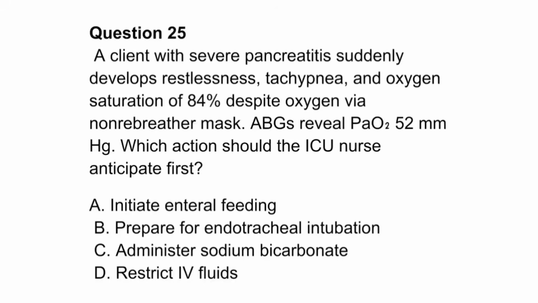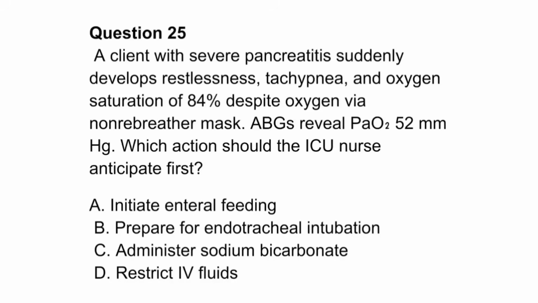Question 25. A client with severe pancreatitis suddenly develops restlessness, tachypnea, and oxygen saturation of 84% despite oxygen via non-rebreather mask. Which action should the ICU nurse anticipate first? A. Initiate enteral feeding.